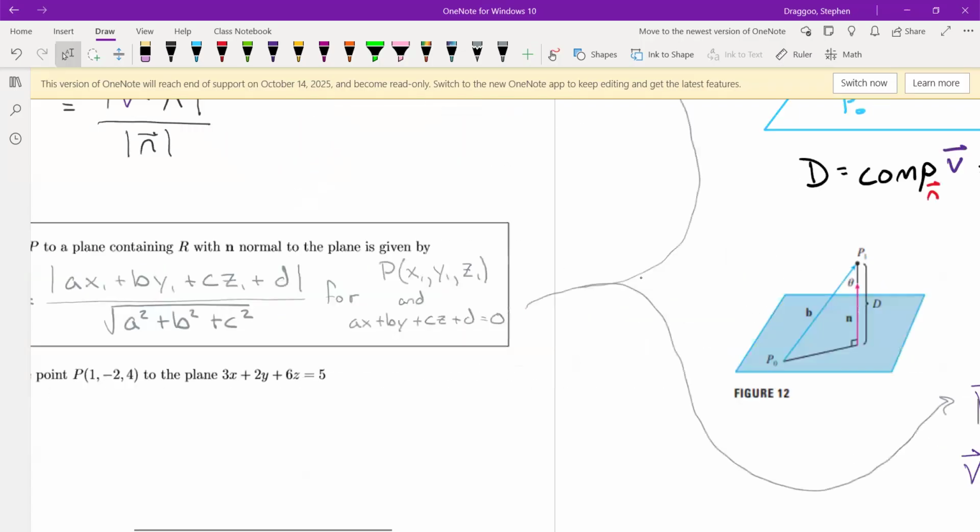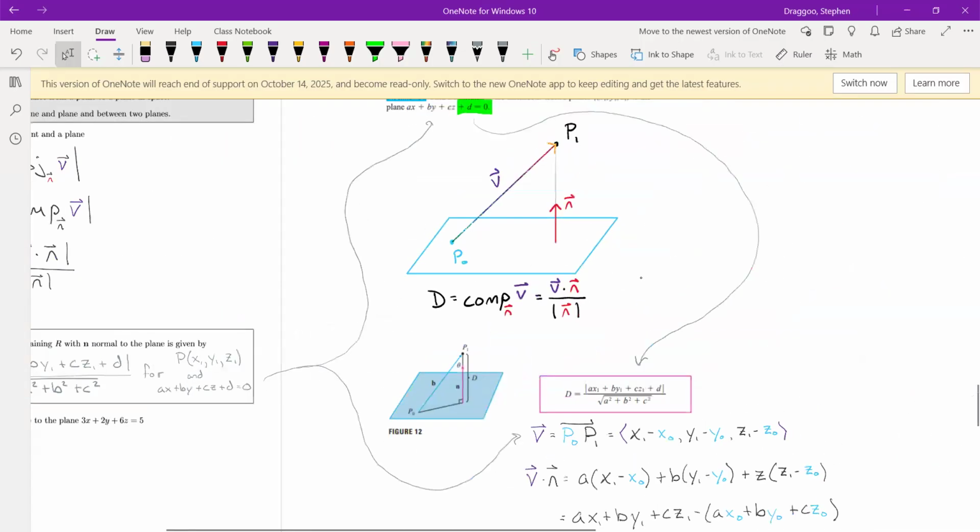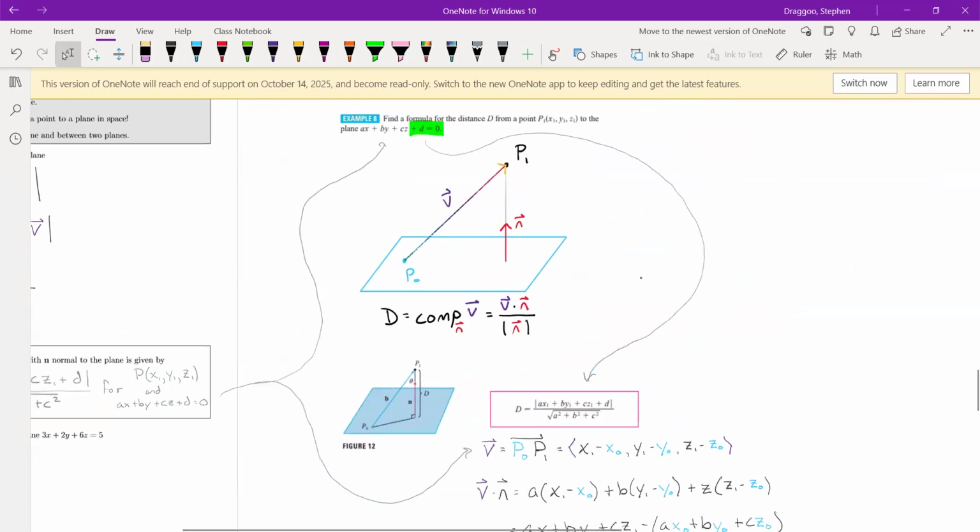And over to the right, I've sketched out how I think that works. I'm going to go quick because I want to actually hit some more examples of this stuff. But say I've got the equation of some plane and a point out in space that I want to be connected to. I'm going to claim that the distance is this absolute value divided by the square root of a squared plus b squared plus c squared, which is really just the magnitude of the normal vector.